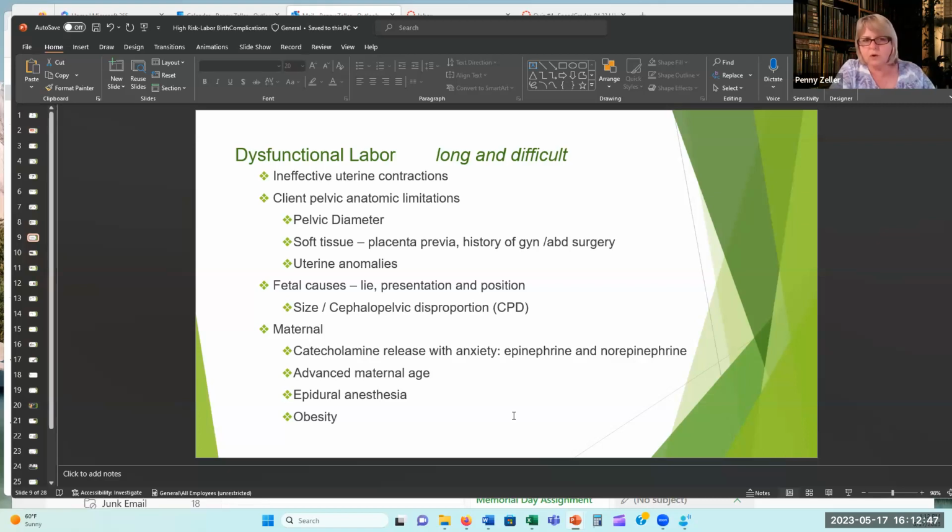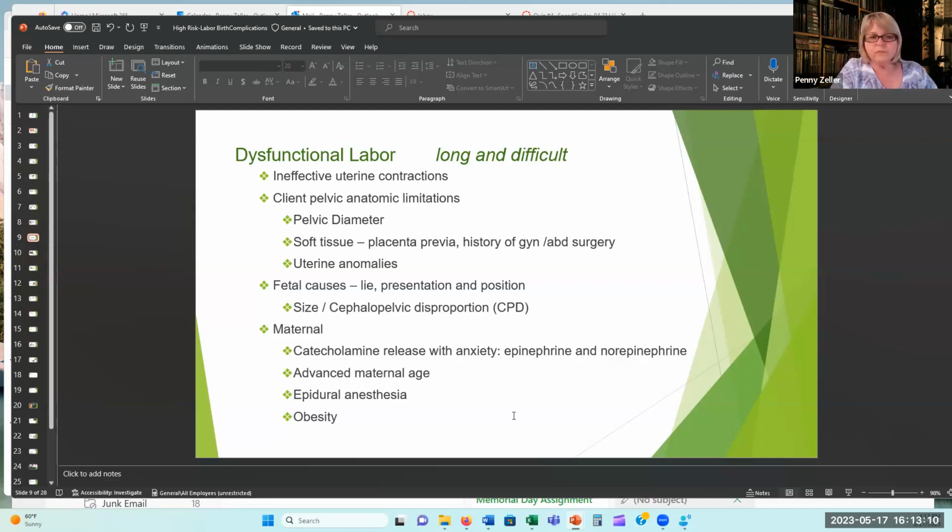Anxiety increases catecholamines in the system. An older woman, or epidural anesthesia, even though it's not a uterine relaxant, does tend to slow labor down just a little bit, but it's well worth it if mom needs that pain relief.